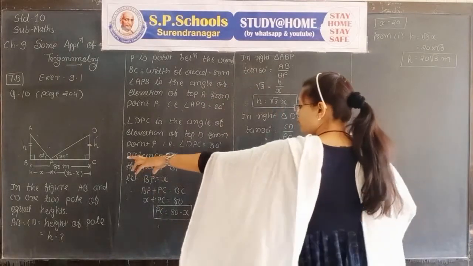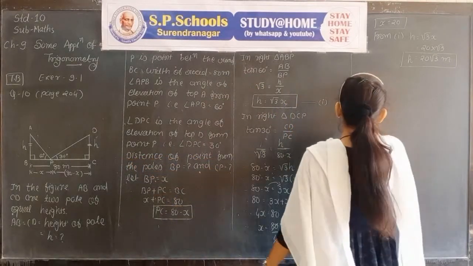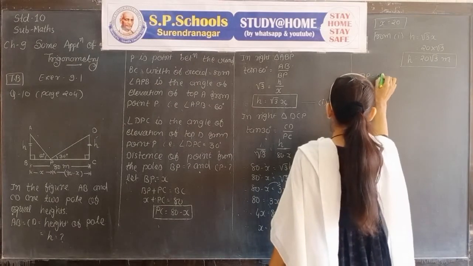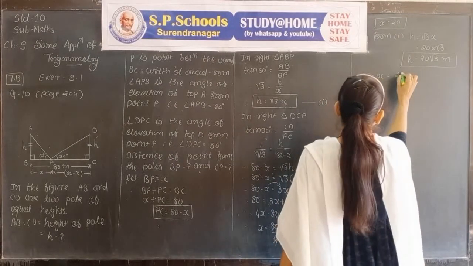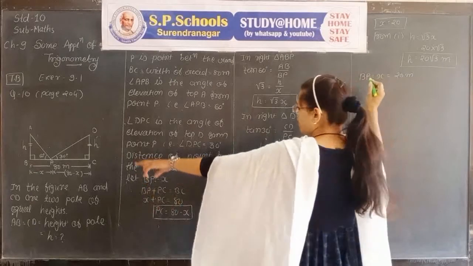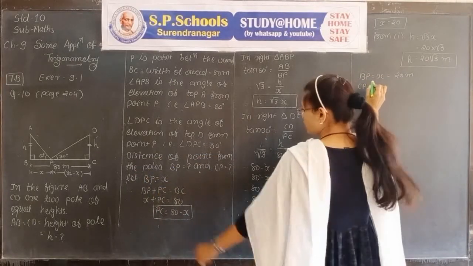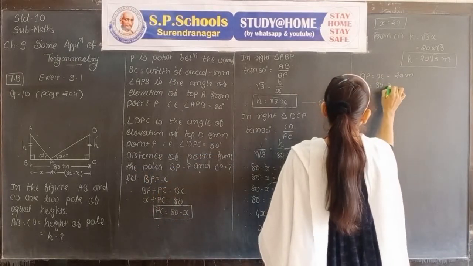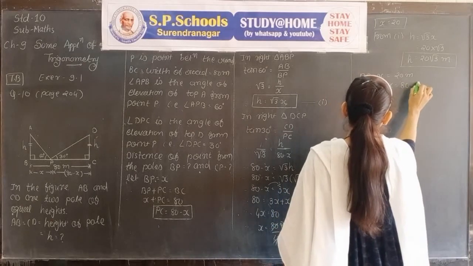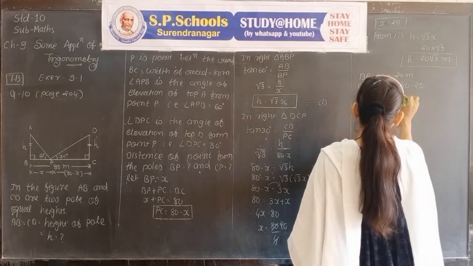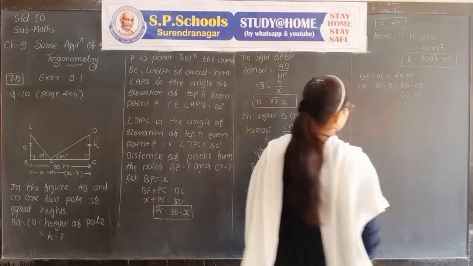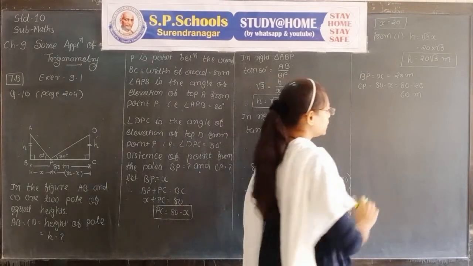Now we need to find distances, meaning BP and CP. BP is equal to X itself, which is 20 meter, and CP is equal to 80 minus X. 80 minus 20 is equal to 60 meter. Both answers are obtained here.